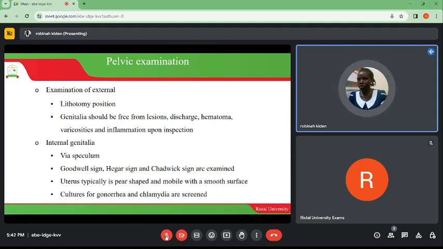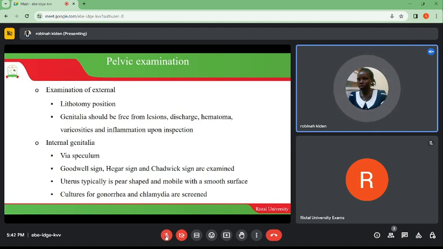In most cases, it may not be a must that every mother has to be examined for this. So we use the speculum and we check for Goodell sign, Hegar sign, and the Chadwick sign.